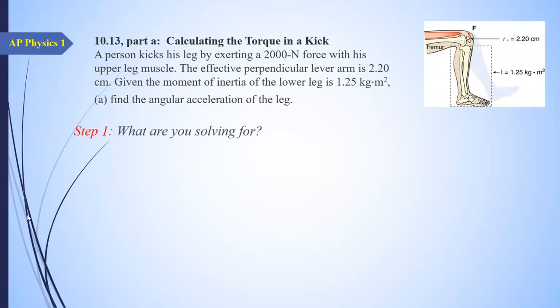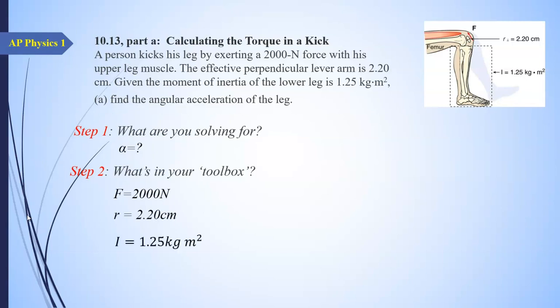So what are we looking for? Angular acceleration. That's alpha, angular acceleration. What's in the toolbox? We've got a force of 2,000 newtons, a radius of 2.2 centimeters. We've got a moment of inertia of 1.25 kilogram meters squared.